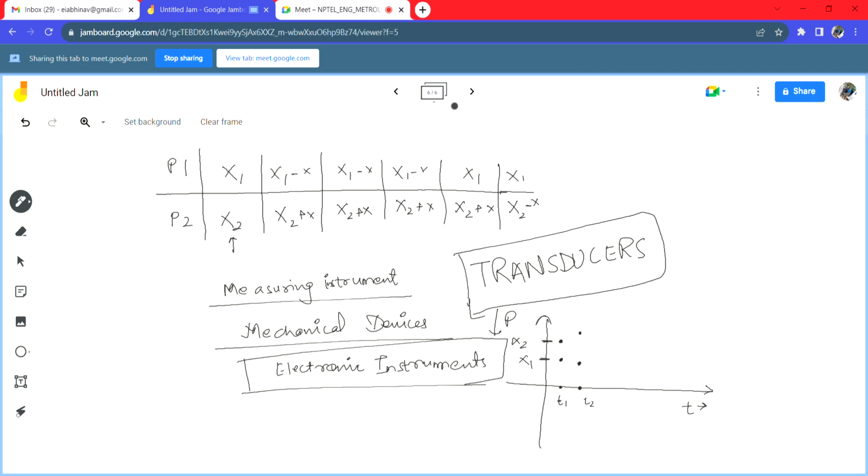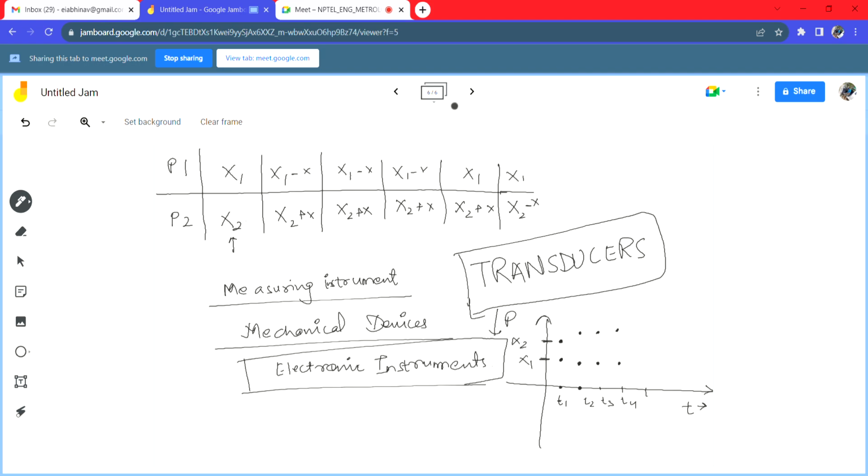Then at time instant t3, it gave a value again x1 minus x, and it gave a value x2 plus x. At t equals t4, it gave us a value x1 minus x, and a value x2 plus x.